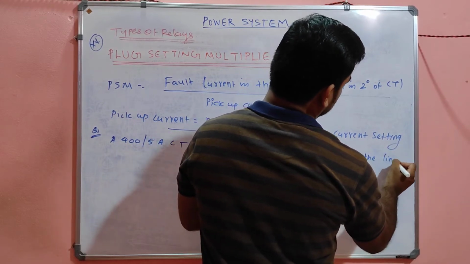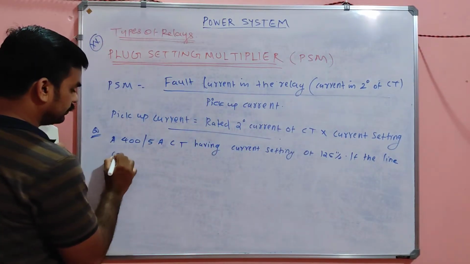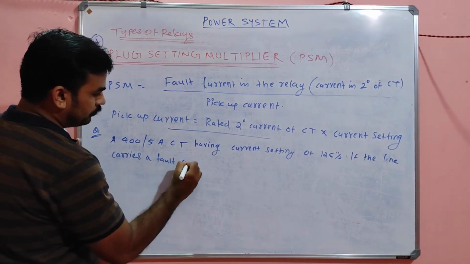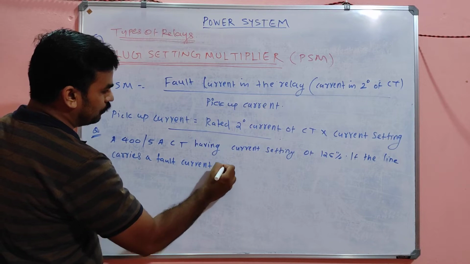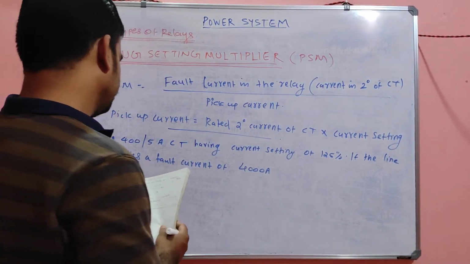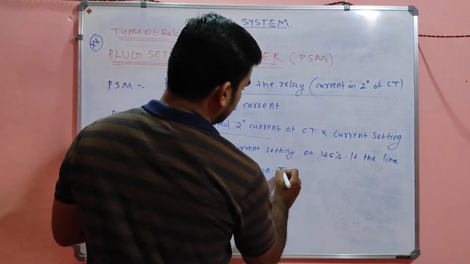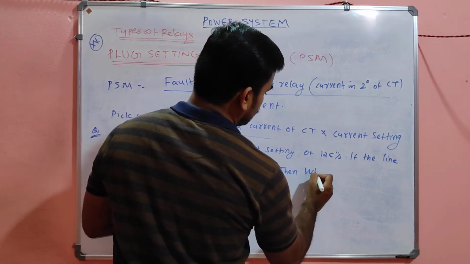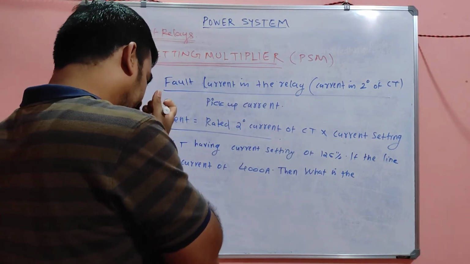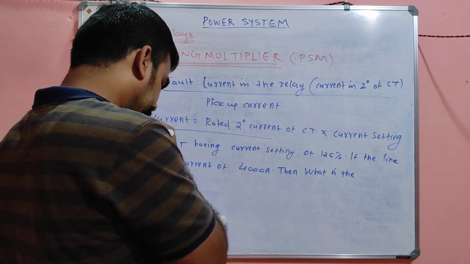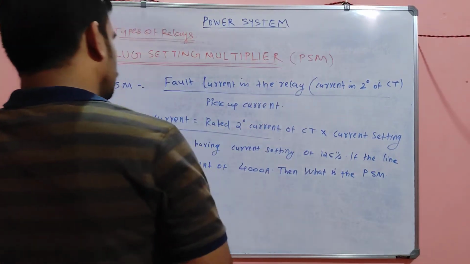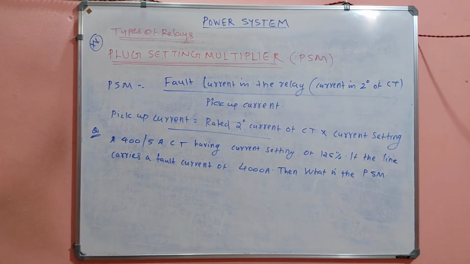If the line carries a fault current of 4000 ampere, then what is the plug setting multiplier? That's all. This is the question.